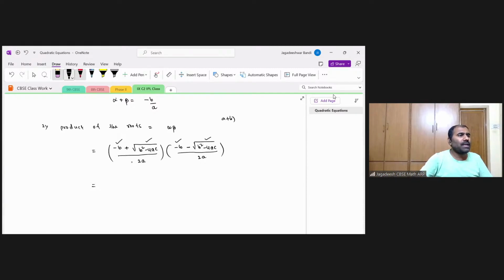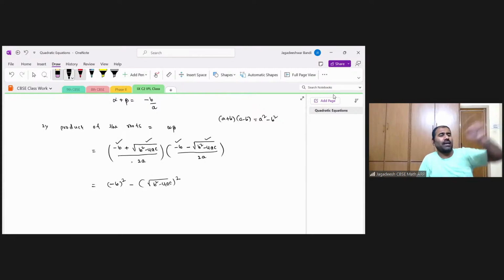We all know (a + b)(a - b) equals a² - b². So a is -b, so (-b)². And b is what, children? Which is √(b² - 4ac), this is b whole squared. a² - b², by 2a into 2a, which is 4a².